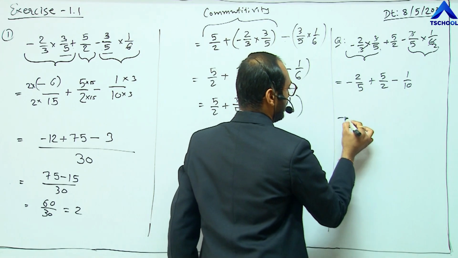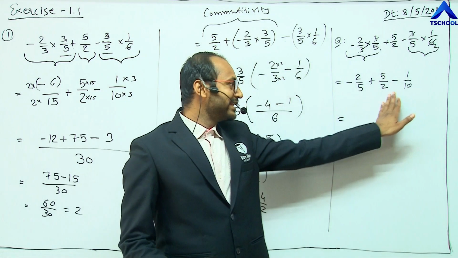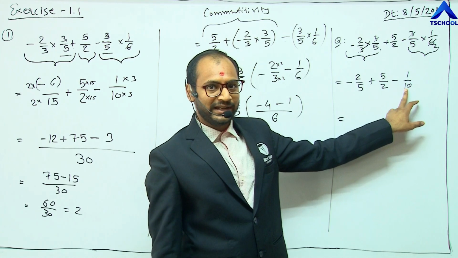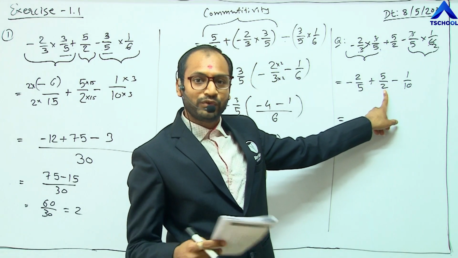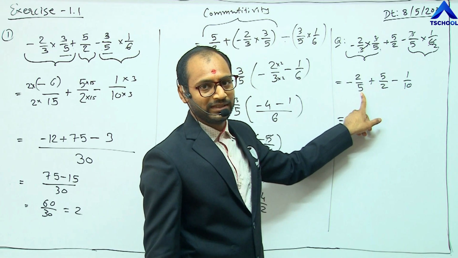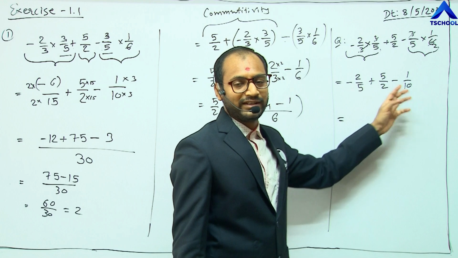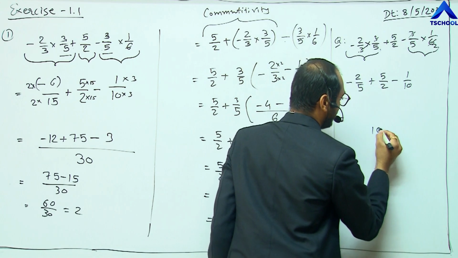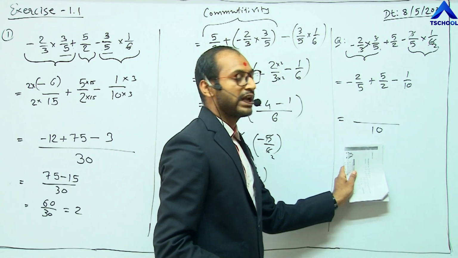Now let me take the LCM. Here the LCM of these three numbers is 10, because 10 is a multiple of 10. Also 10 is a multiple of 2, and 5 twos are 10, that means it is also a multiple of 5. So the least common multiple of these three numbers is 10. To make the denominators equal, we are doing this process.